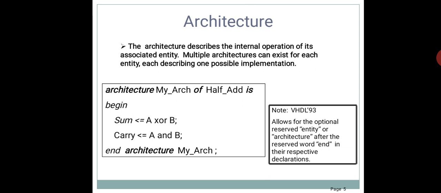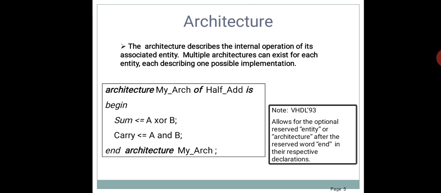In this slide we will write the architecture, or internal functionality, of the half adder by writing the sum and carry statements. Here sum is assigned A XOR B and carry is assigned A AND B. These two statements define the functionality of the half adder, and this functionality should be written in the architecture.